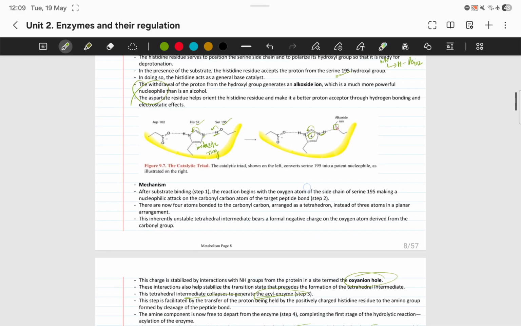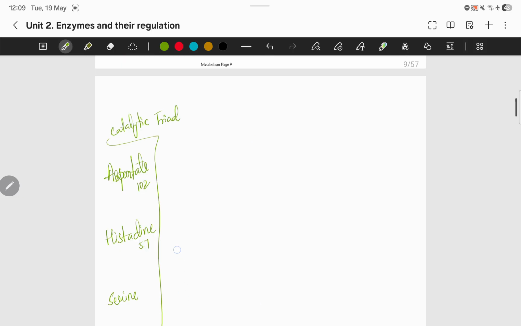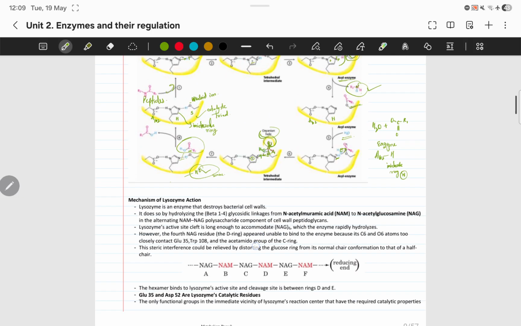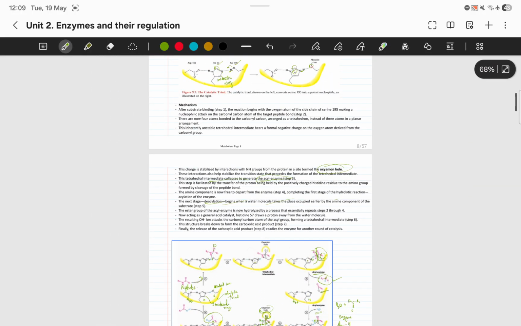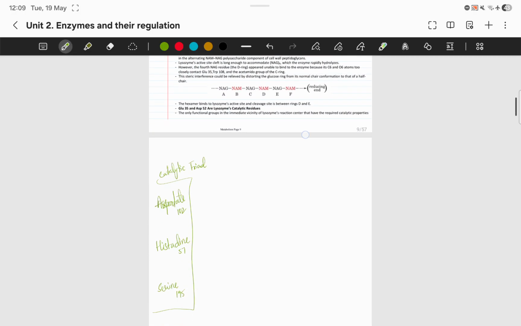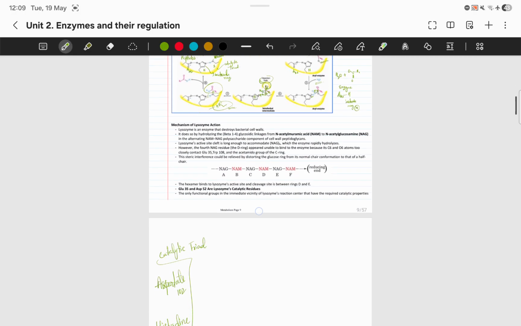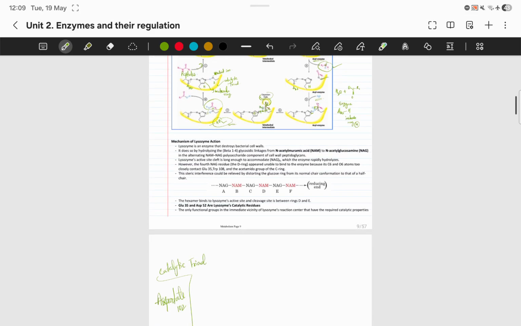Okay, let us check the numbers. 57 and 195. So what does aspartate look like? Aspartate looks like C O negative O, and then this.